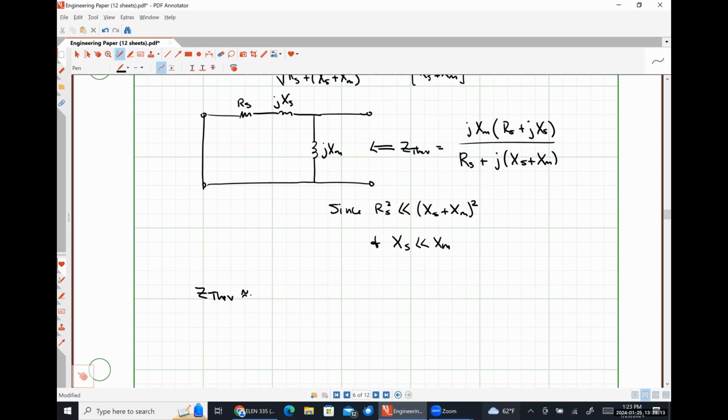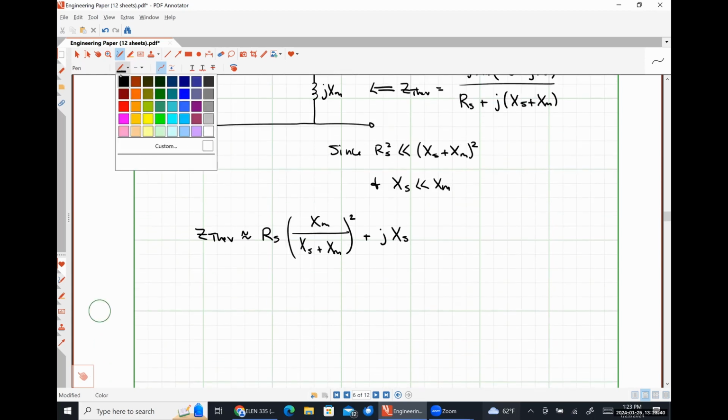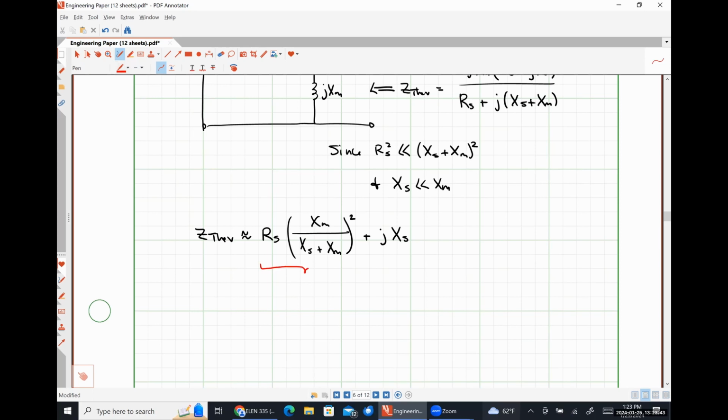So our approximate Thevenin impedance will just be RS times the quantity XM over XS plus XM, squared, plus JXS, where this part right here is our Thevenin resistance.